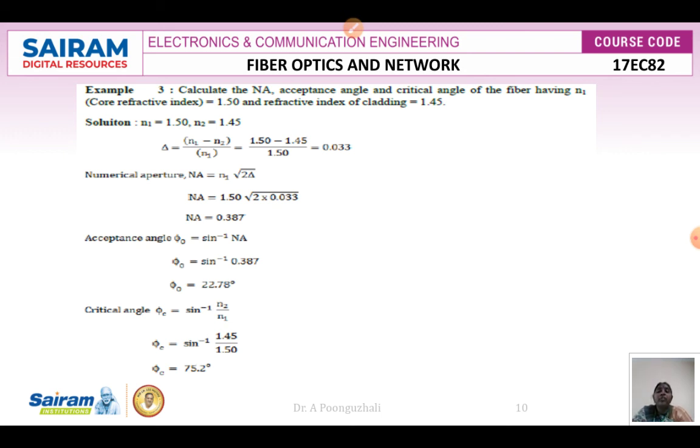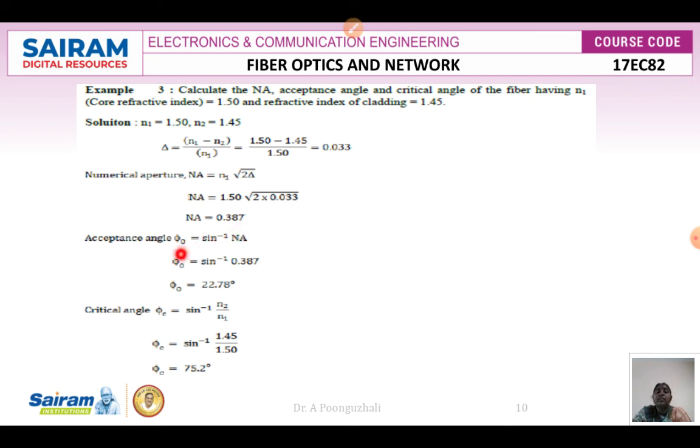The formula is n1 times the square root of 2 del, where del is the refractive index difference. The refractive index difference is n1 minus n2 divided by n1. Substituting the values, it is 0.033. Now substitute in the numerical aperture formula: 1.5 times the square root of 2 times 0.033. So the numerical aperture is 0.387.